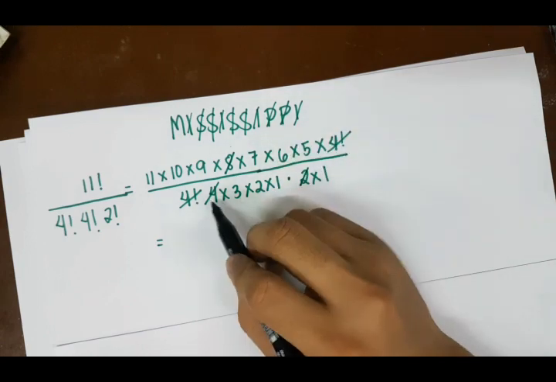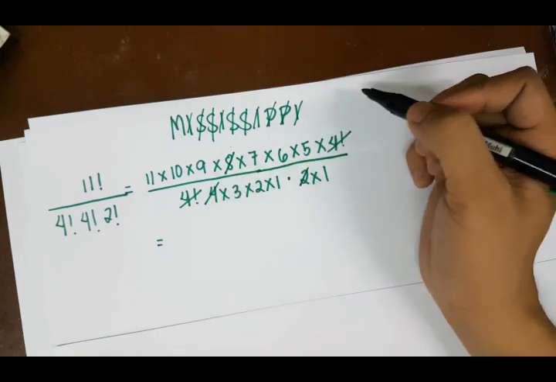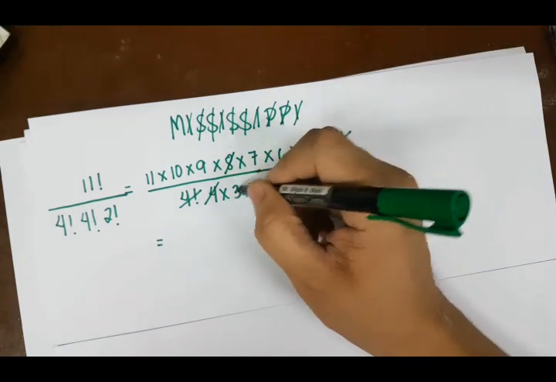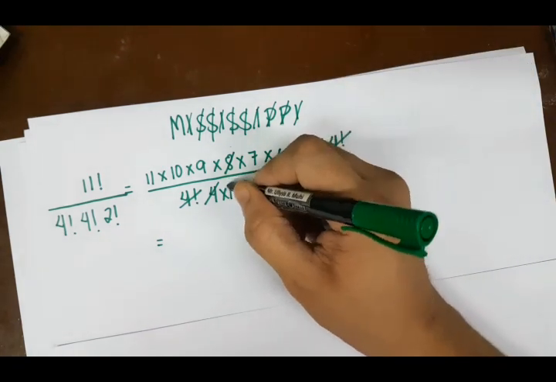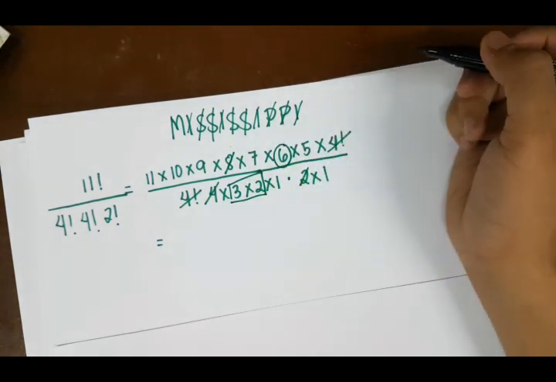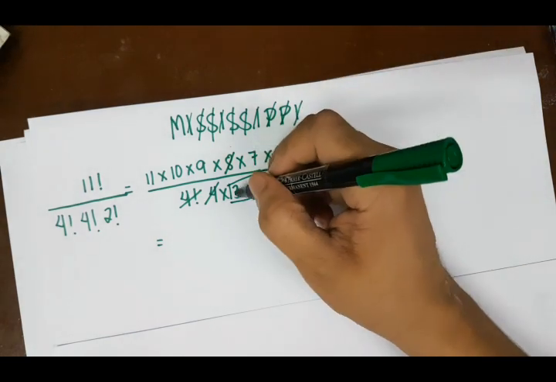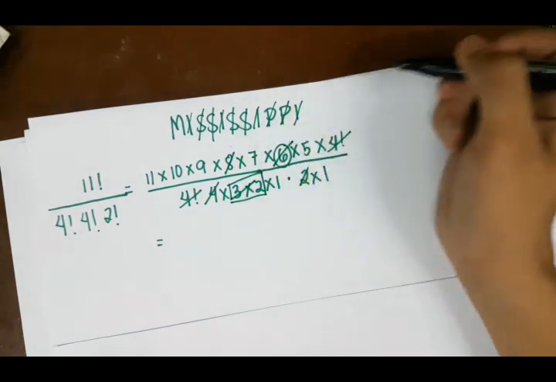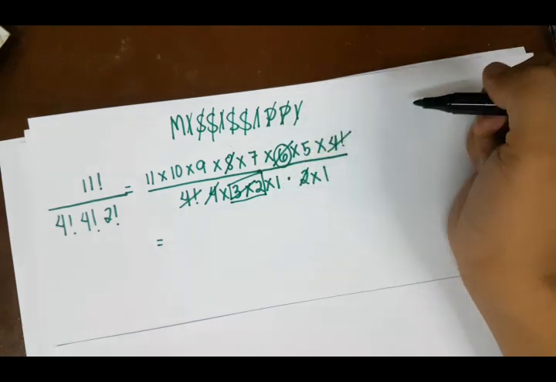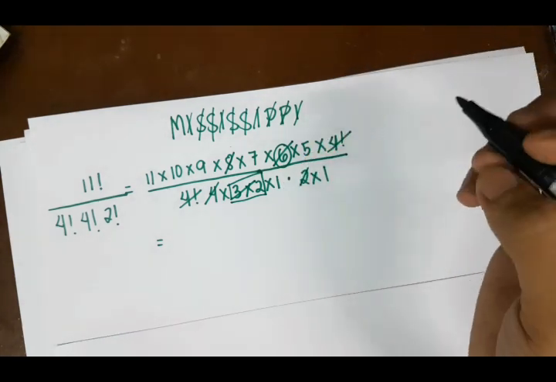Or 4 times 2 is 8, and 8 divided by 8 is equal to 1. Next, observe 3 times 2. So 3 times 2 here is equal to 6. So we can cancel 3 times 2 here and 6 here. Next, we are just left with 1 times 1, which is just equal to 1.